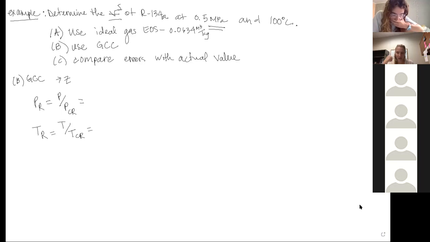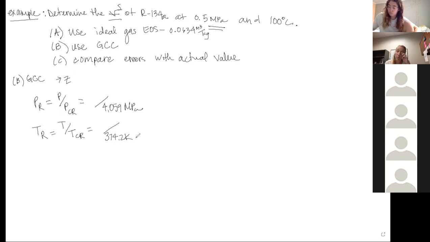Yes, Brianna, that's right. In table A1, we're still using the critical point properties. My critical point pressure is 4.059 megapascal, and my critical temperature is 374.2 Kelvin.